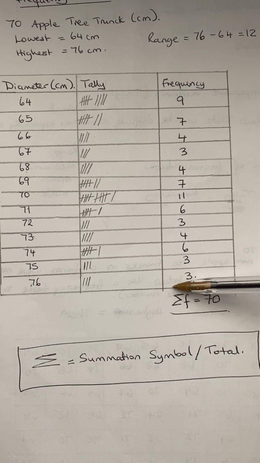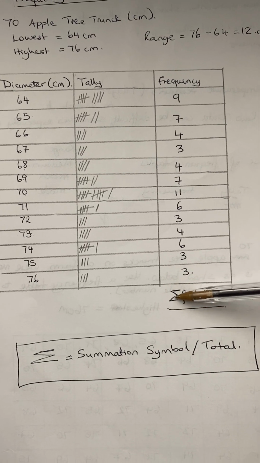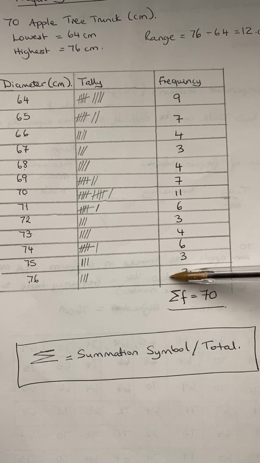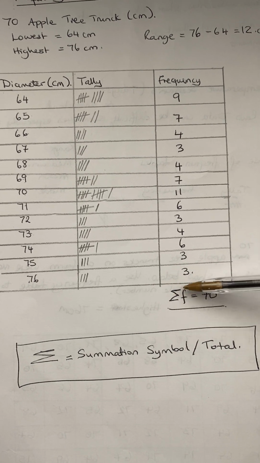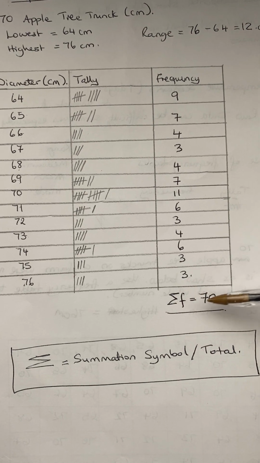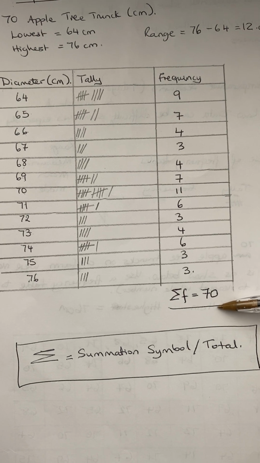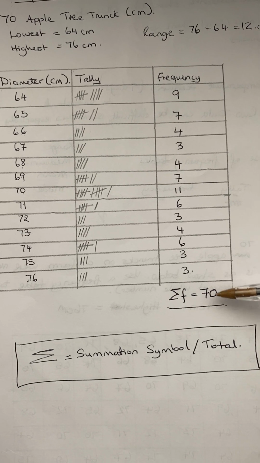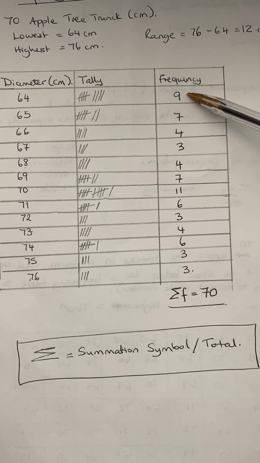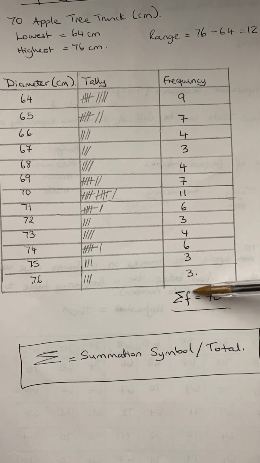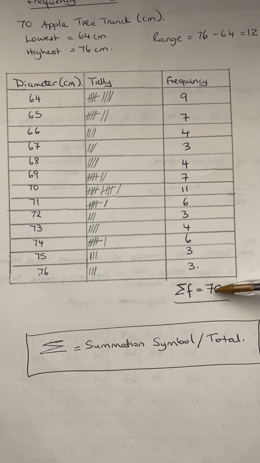Now this is called the summation sign in maths. This zigzag E is called sigma, so the summation of frequency is 70. I've added them so I know that is 70. You can also add them. That's why I've kept it on longer, or you can pause here and add. It should add up to 70.